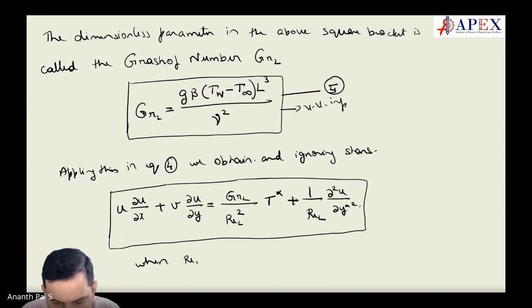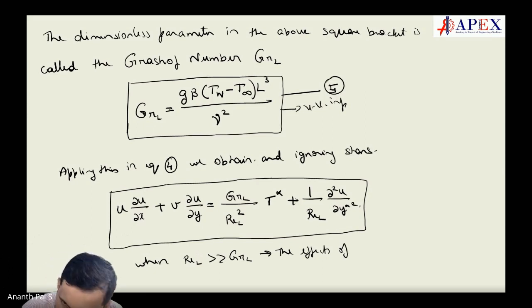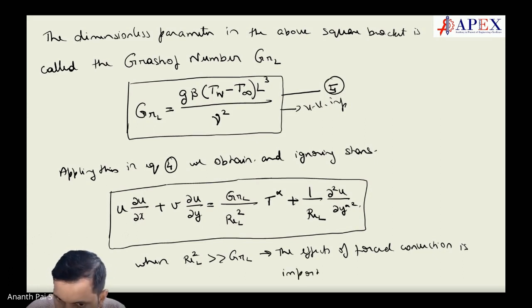So when RE_L square is much greater than GR_L, the effects of forced convection become dominant.